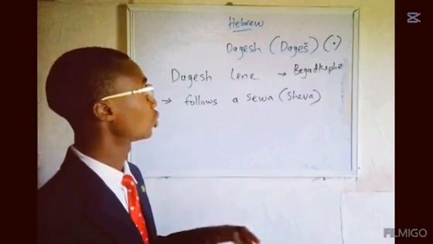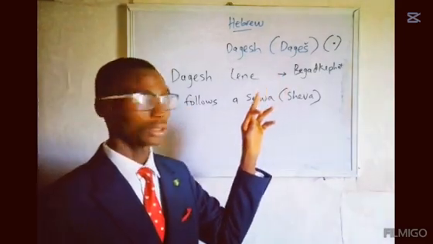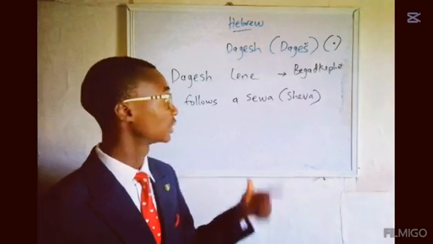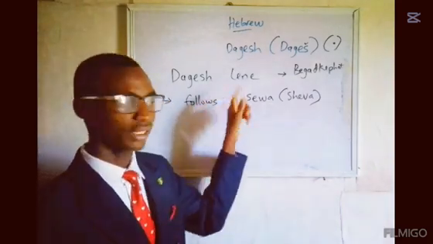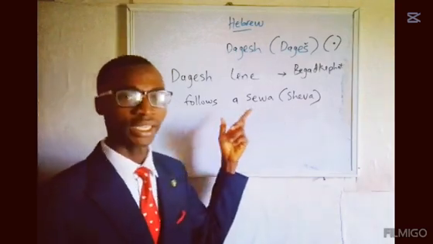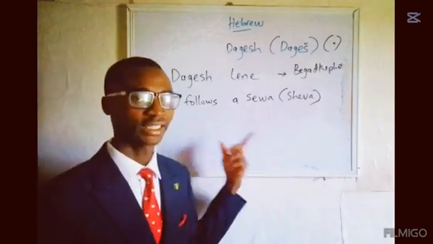So to know which one is in place in any dot, in any word, if it is Dagesh Lene, then it will follow a Sheva in a word.